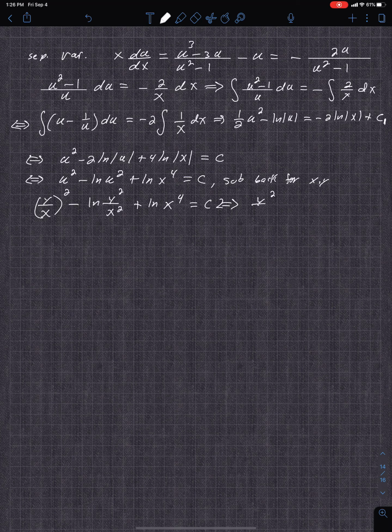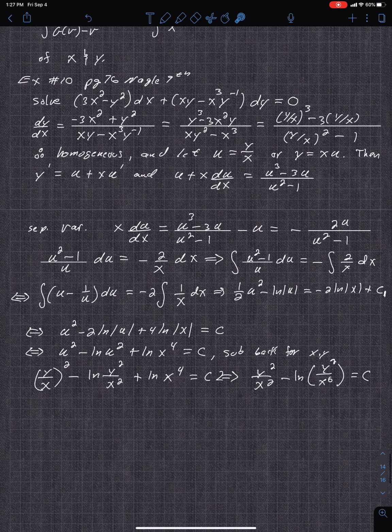You get y squared over x squared minus ln y squared over x to the 6th equal to c. You're just combining this and this with this negative here. A little bit of algebra. So that's your technique.